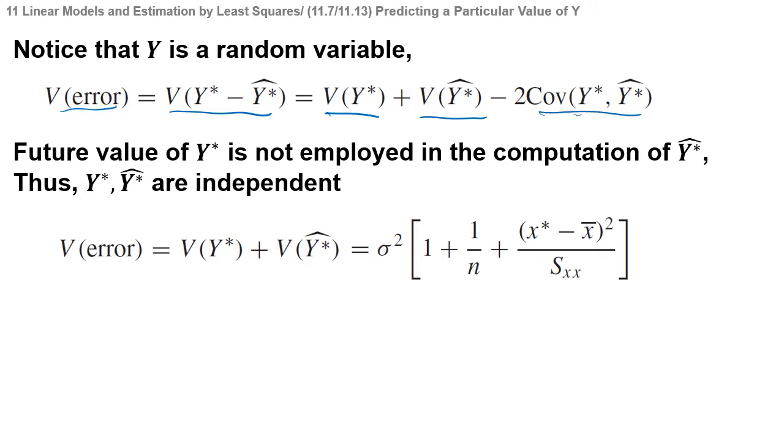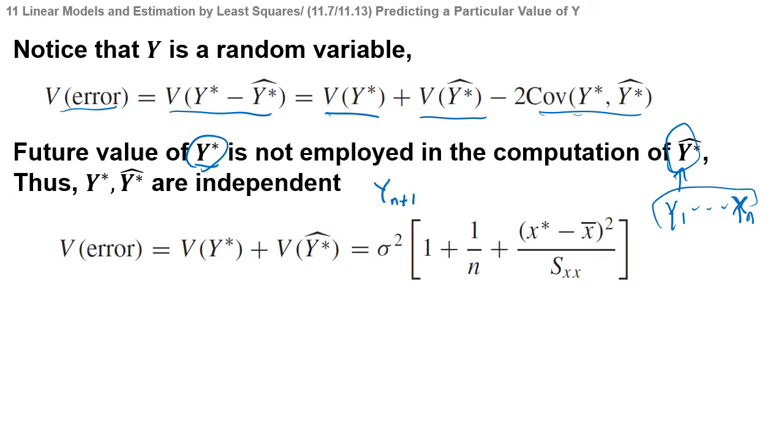And one thing that you can notice is that the future value of y star is not employed in the computation of y star hat. For the computation of y star hat, we used x1 to xn, and y1 to yn, which are previous observations, and for y star, the future observation, which is y n plus 1.